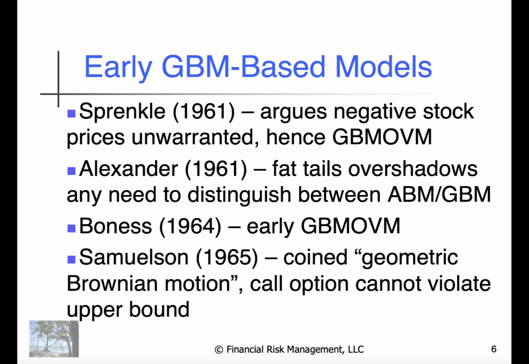As best I can tell, he coined the phrase geometric Brownian motion, and he made the arguments that call options can't violate their upper bound. We'll look at an illustration later where a call option is worth more than the underlying stock under ABM, and Samuelson found that's just unwarranted. But there are ways to easily handle that to make it more in compliance with modern financial markets.